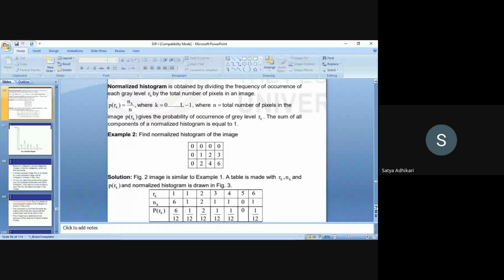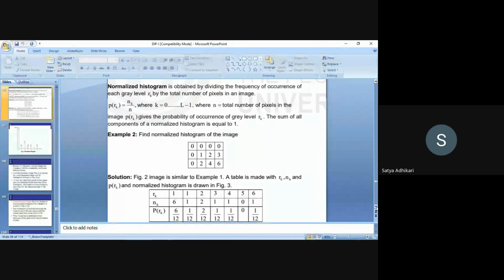You see, p(rk) = nk/n, where n is the total number of pixels in the image. p(rk) gives the probability of occurrence of the gray level rk. The sum of all values of a normalized histogram is equal to 1.